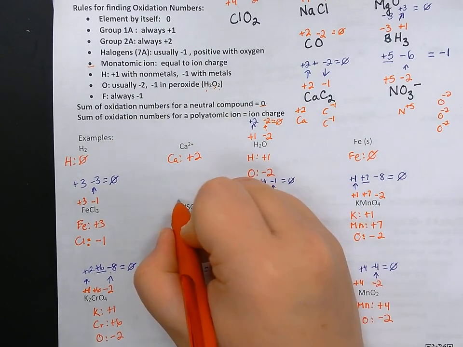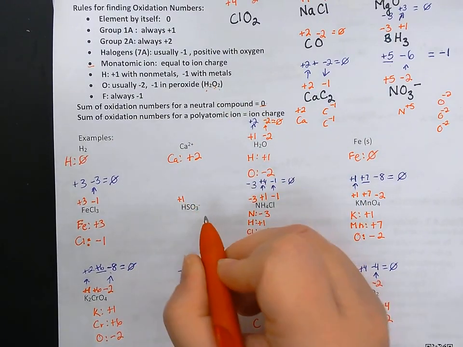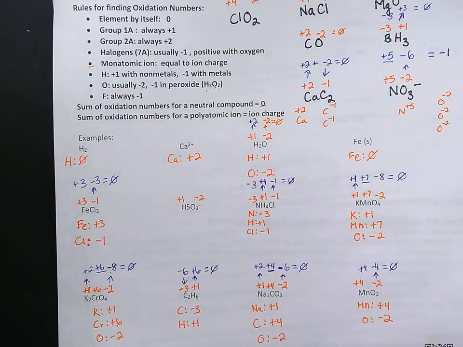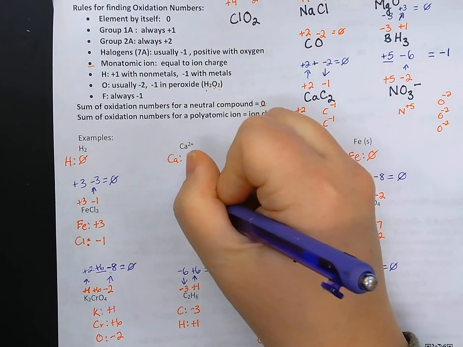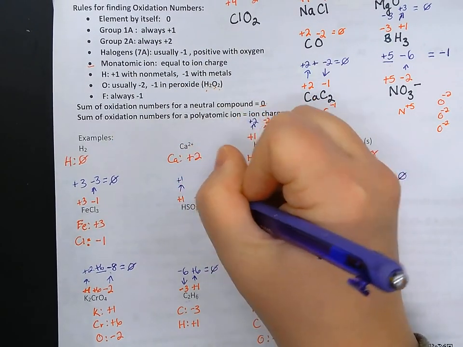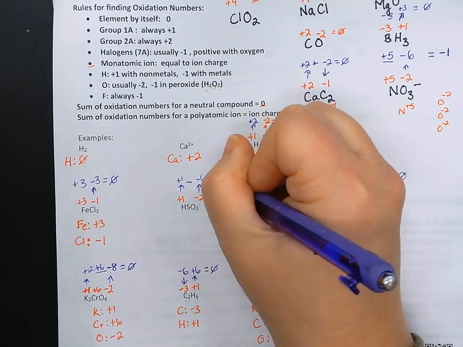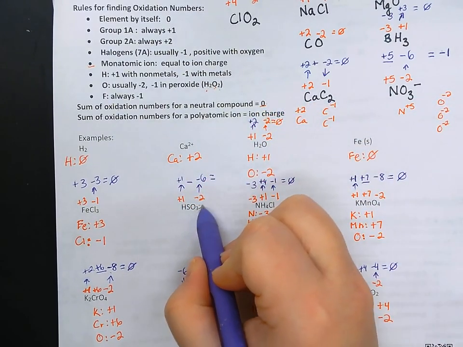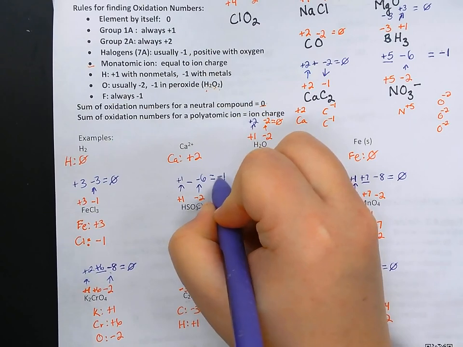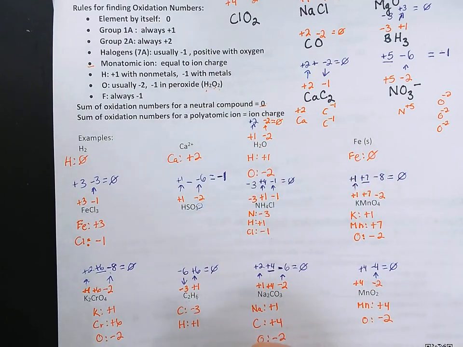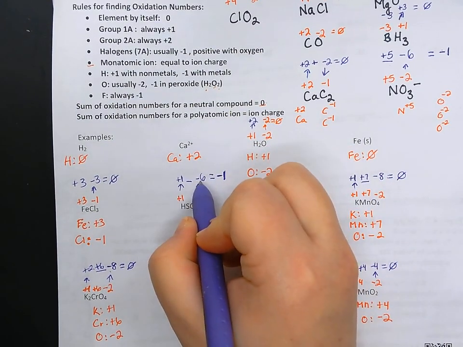So hydrogen's got a rule, +1. Oxygen's got a rule, -2. We've got 1 hydrogen, so that's a +1. We've got 3 oxygen, so that's -6. We need something there for sulfur, and then this needs to add up to that charge. This needs to add up to -1. That's a little different. So we've got -6.